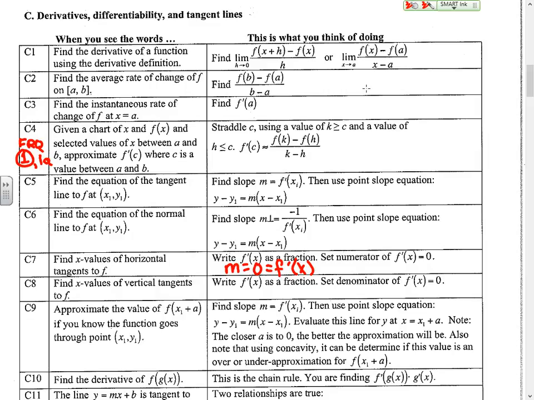Vertical line, m is undefined. M will be undefined when it's a number over 0. So we set the denominator of the derivative equal to 0. Does that make sense? So think with pitchforks. When the top is equal to 0 is a horizontal tangent line, the bottom equal to 0 is a vertical tangent line. When they're both equal to 0, kind of both, it's indeterminate.